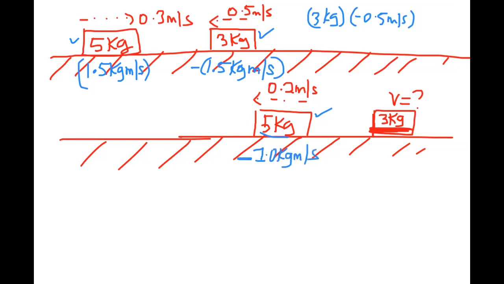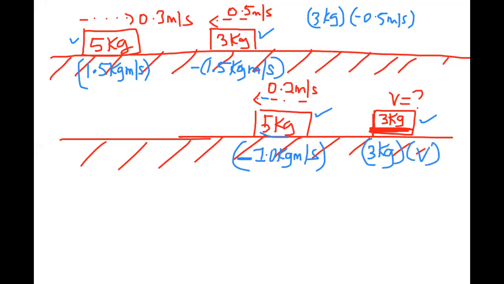The minus is because this is moving to the left, just like what we did previously. Now for the 3 kilogram object, the momentum will be 3 kilograms times the velocity. We don't know the velocity, so put just V there.